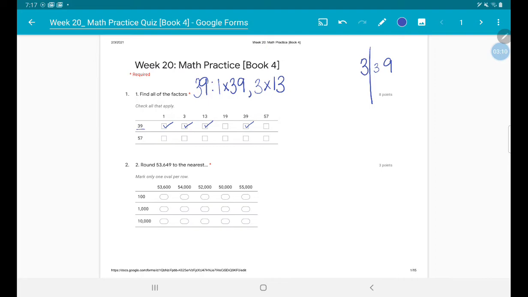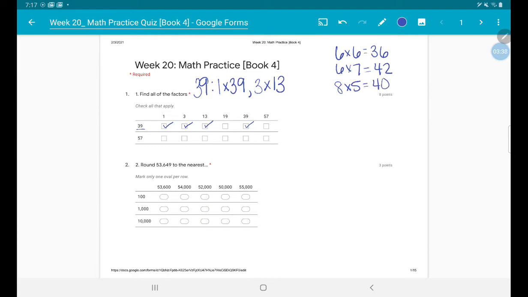I know that 6 times 6 is 36. 6 times 7 is 42. So 39 will not be a factor of 6 or 7. I'm going to try 8. 8 times 5 equals 40.